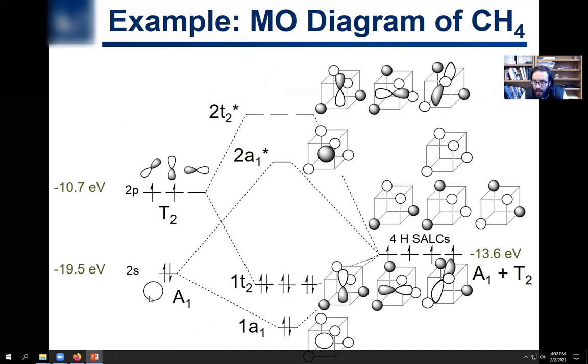Because the 2s orbital is more stable than the 2p, right? And so you'd expect that we can look up the ionization energy of a 2s orbital for carbon, right? It's 19.5 electron volts. And so since this is a bonding MO, your A1 better be greater in energy than, or more negative in energy is another way of saying it, than 19.5.